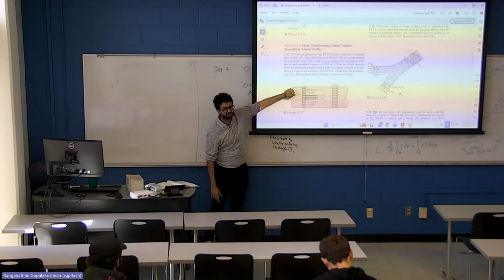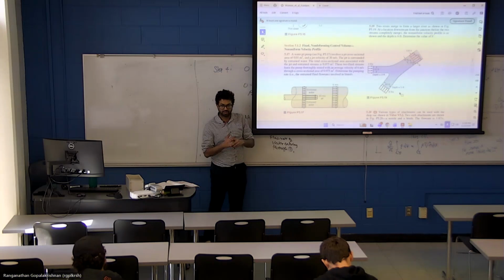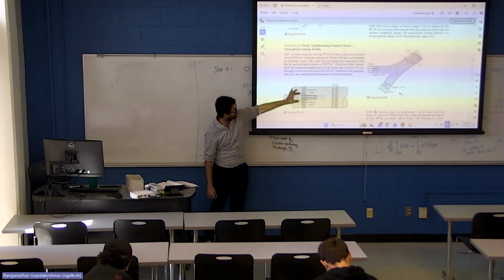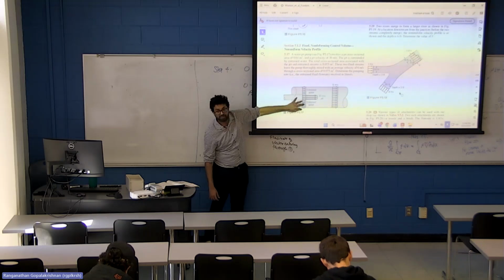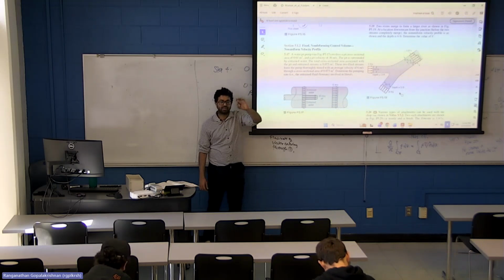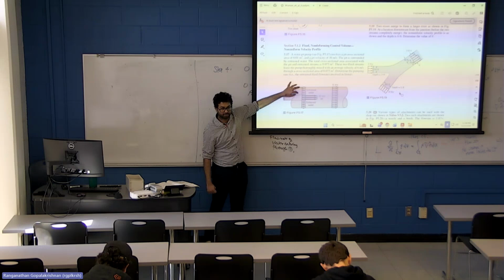In the inlet cross section, do we have a single velocity or do we have different velocities? We have two different velocities, the inner from 0 to R and the outer from R to R1 or something. Right? The inner core has a velocity of 30 meter per second.